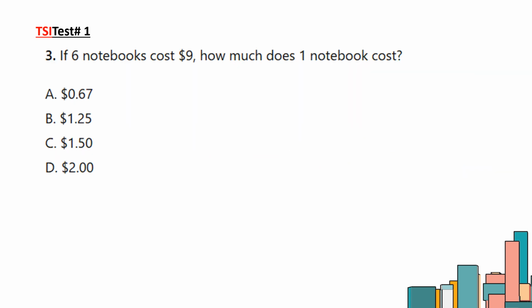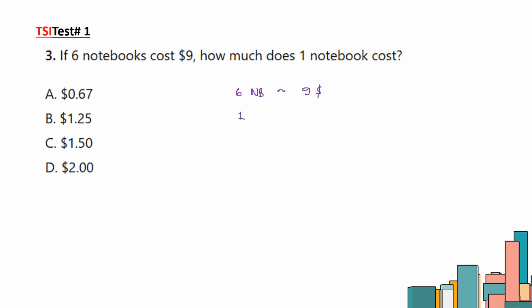Okay, so number 3, if 6 notebooks cost $9, how much does one notebook cost? So we apply the method we used in the previous questions. We have 6 notebooks. Okay, it's $9.